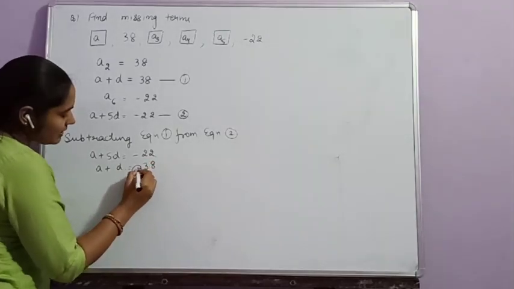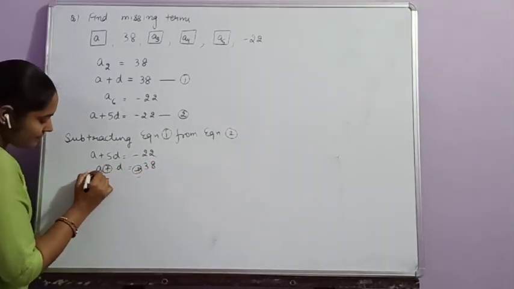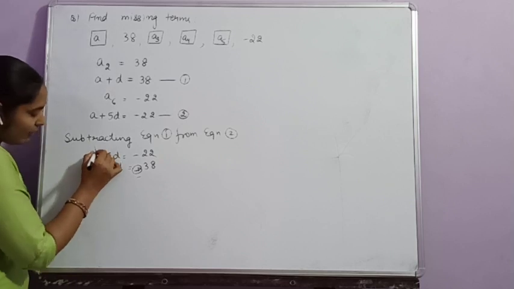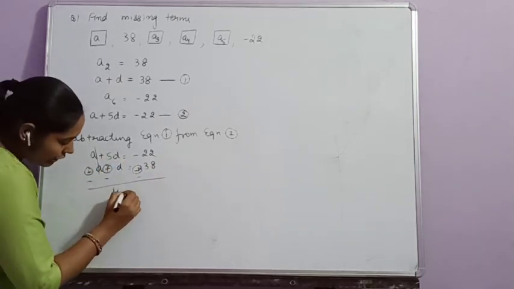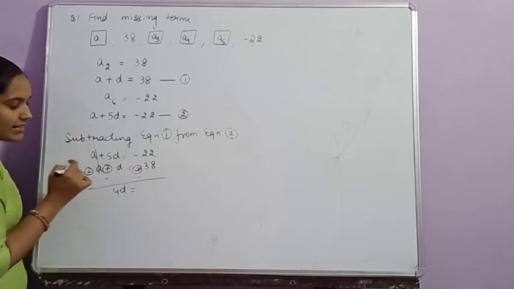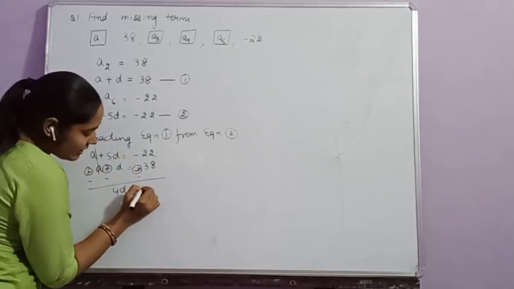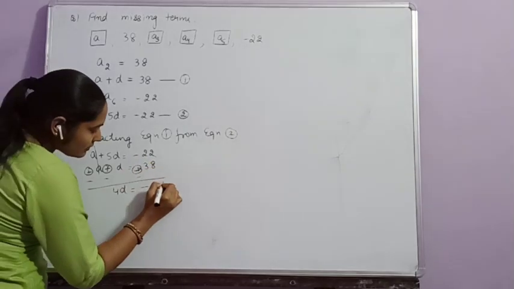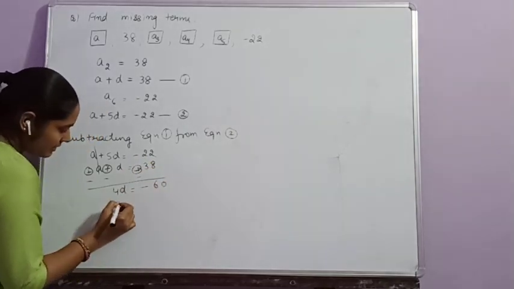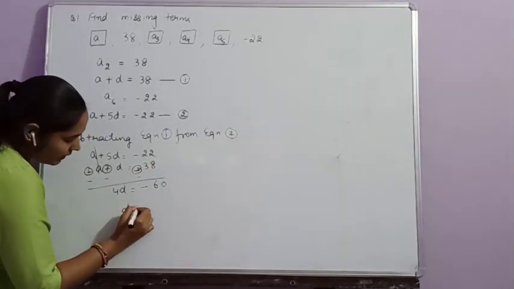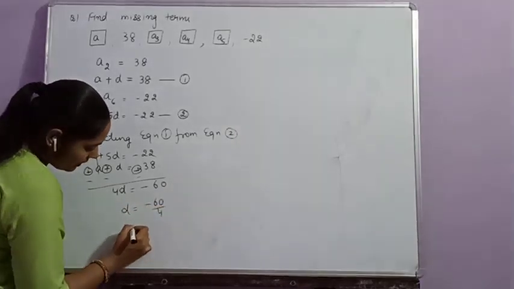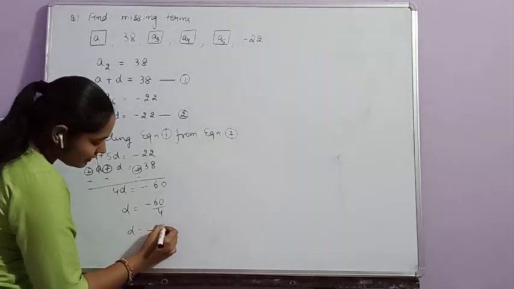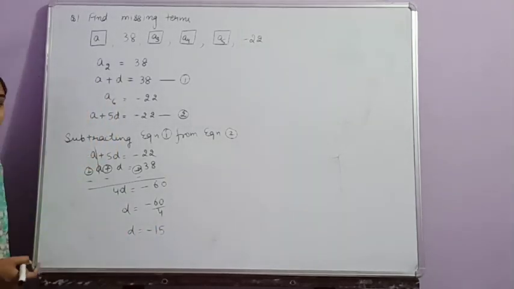If we subtract, the sign will change. a will be cancelled out. 5d minus 1d is equal to 4d, which is equal to minus 22 minus 38, that is minus 60. d is equal to minus 60 divided by 4. d is equal to minus 15. That is the value of d.